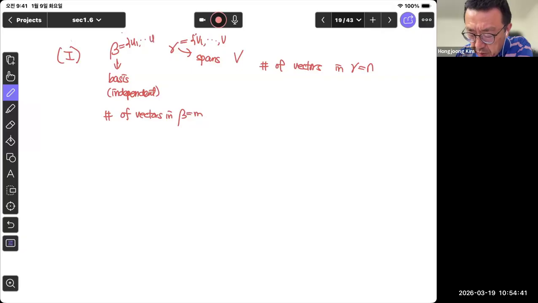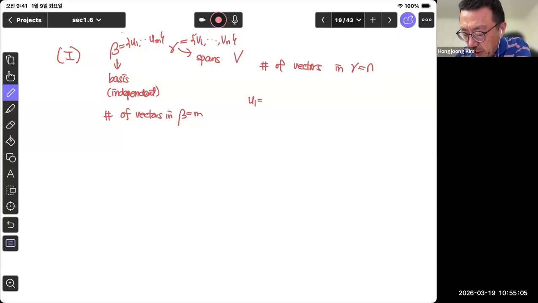So beta consists of u1 up to um, and gamma consists of v1 up to vn. Since gamma spans V, u1 can be written as a linear combination of v1 up to vn.